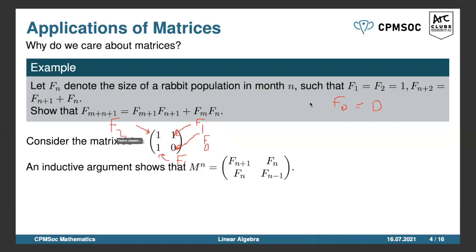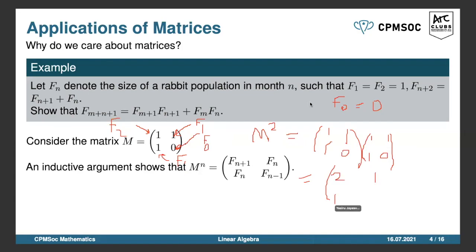And what would happen if we find what M squared is? We calculate M squared. You'll get 2, 1, 1, 1.